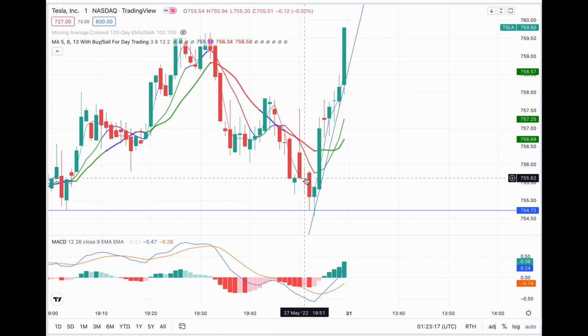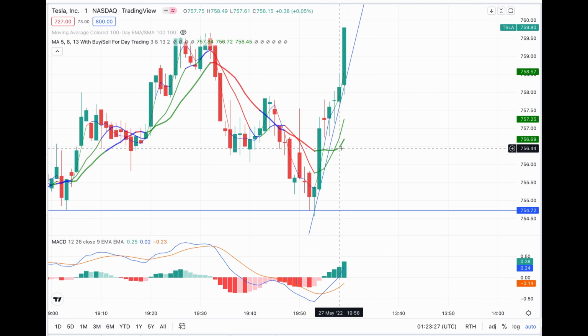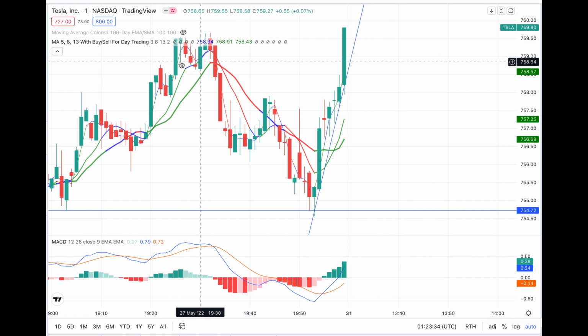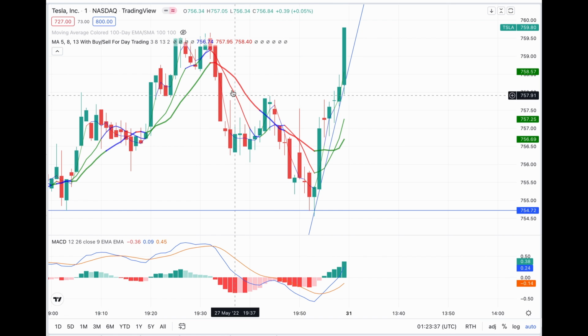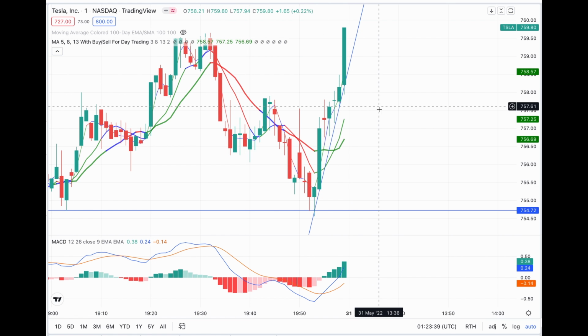Then we have the 8, which is that middle one, and both of them you can see are breaking through this 13-day moving average line there. So we are still in an uptrend. Once these start to turn over through the 13, like it did up here, we know that that is going to also be an indication of a sell zone.